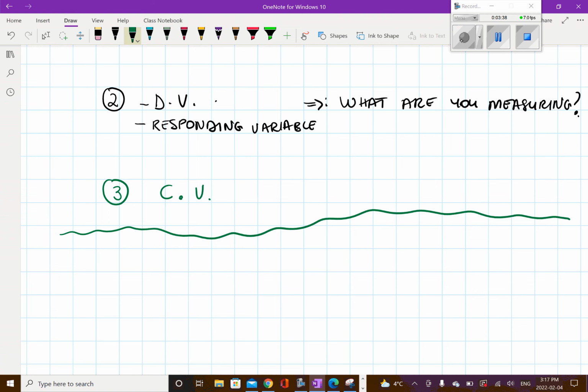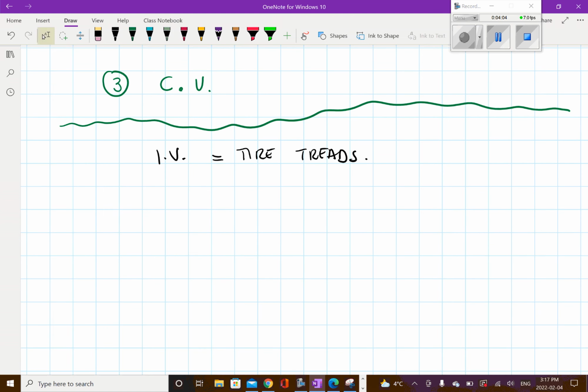So the independent variable will be tire treads. What you are measuring when you are changing the tires is the braking distance that the car obtains. So that will be the dependent variable, braking distance.